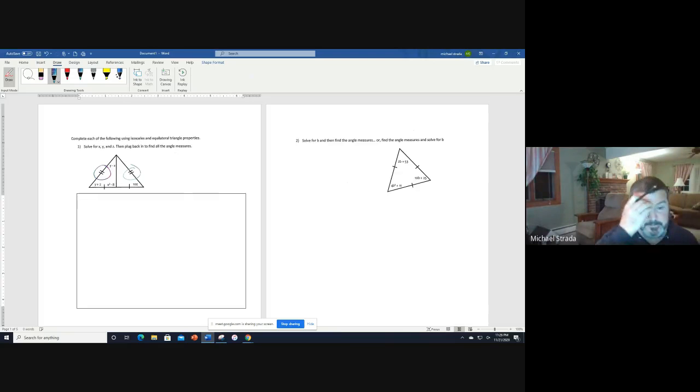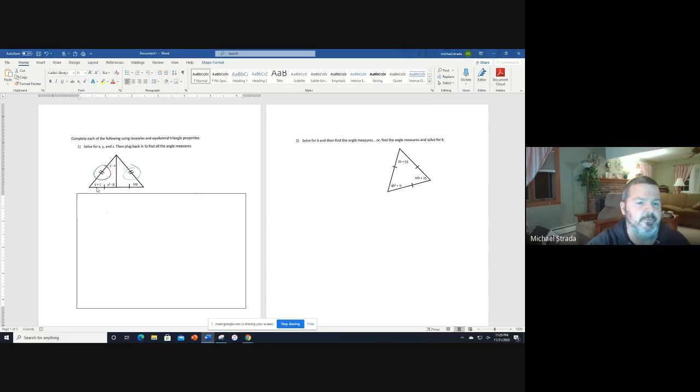So we have an isosceles triangle. So one of the things we can talk about is that the two base angles are going to be congruent.